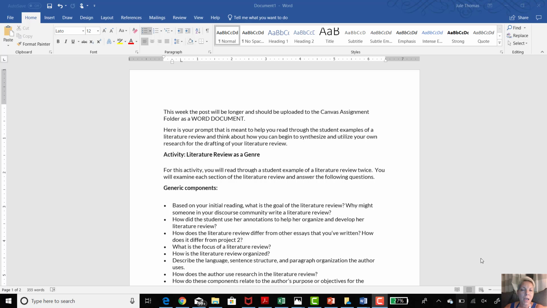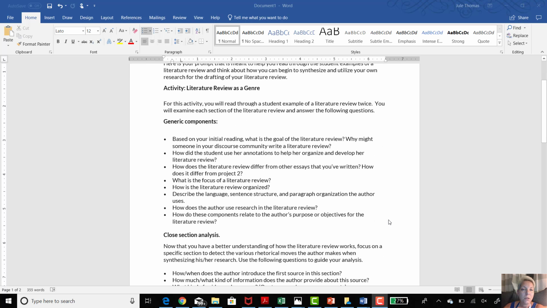And so you'll see that I have some generic components to the literature review that I want you to think about when you're reading through the student examples, and then some close section analysis, like when you used to read a literature book and had to do an in-depth analysis of that writing. You can do this in bullet points.